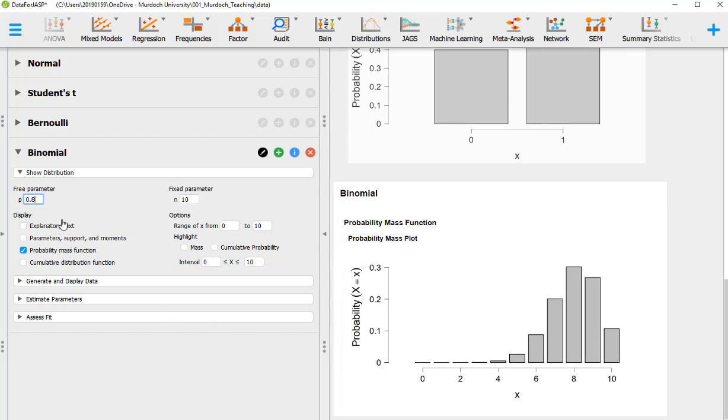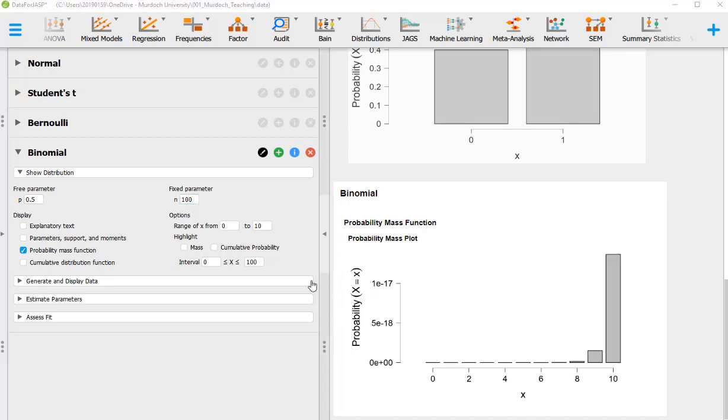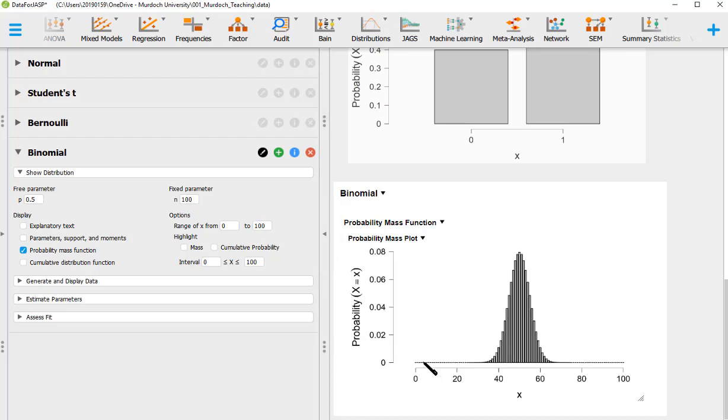What is interesting to see is, I'm going to return to the pi of 0.5, but we are going to change the number of trials. Let's say instead of 10, 100 trials. We need to change this to 100 to observe the whole range. And when we observe the whole range, we see this distribution.